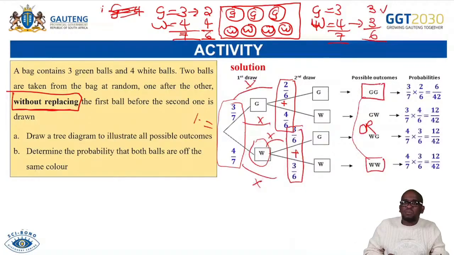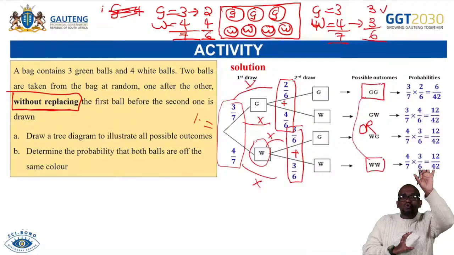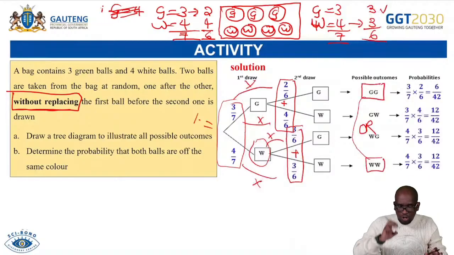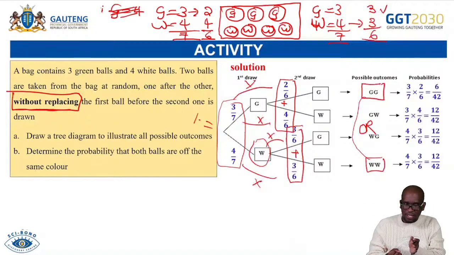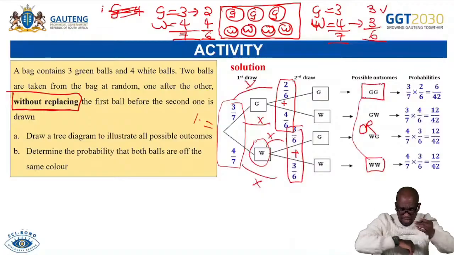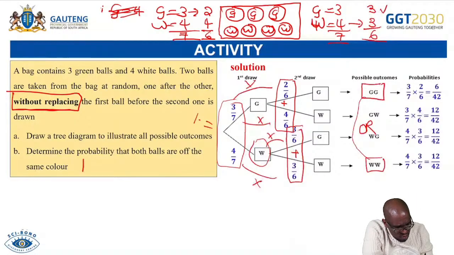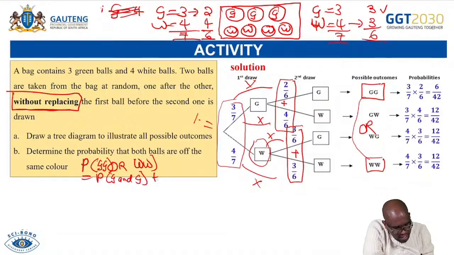Because you are getting answers from 2 different outcomes, you are going to add the answers. If we move along the branches, we were multiplying. But if we get answers from different outcomes in that column there, we add, because now we are looking for the probability of green and green, or white and white, which would be the probability of green and green plus the probability of white and white.